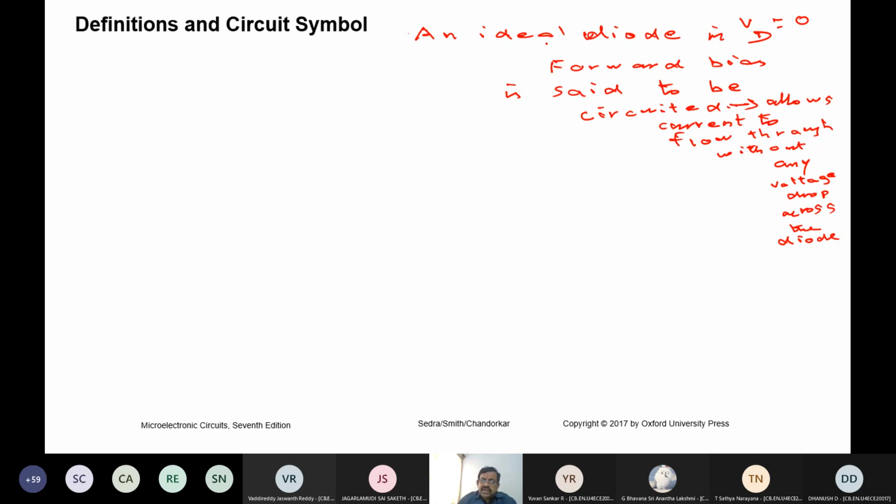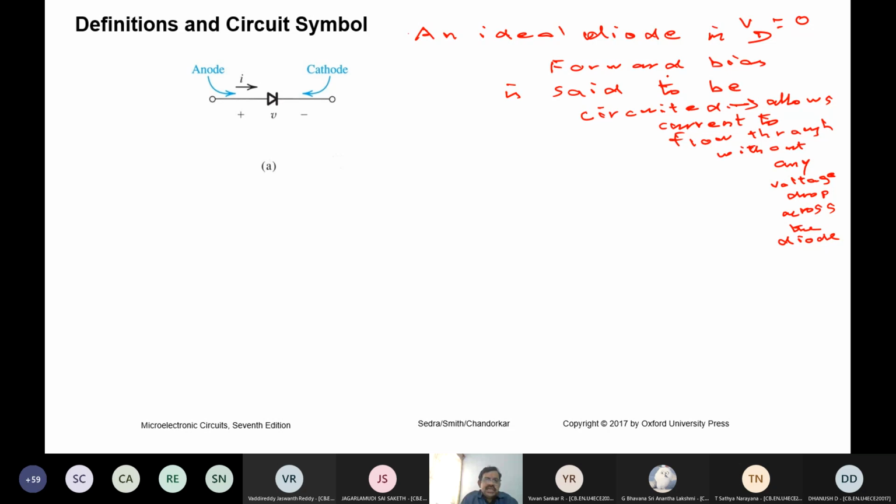On the other hand, an ideal diode in reverse bias is said to be cut off. It does not allow any current to flow through it. In such a case, it is said to be in open condition. Now, what is the circuit symbol for a diode? The circuit symbol is as shown here.